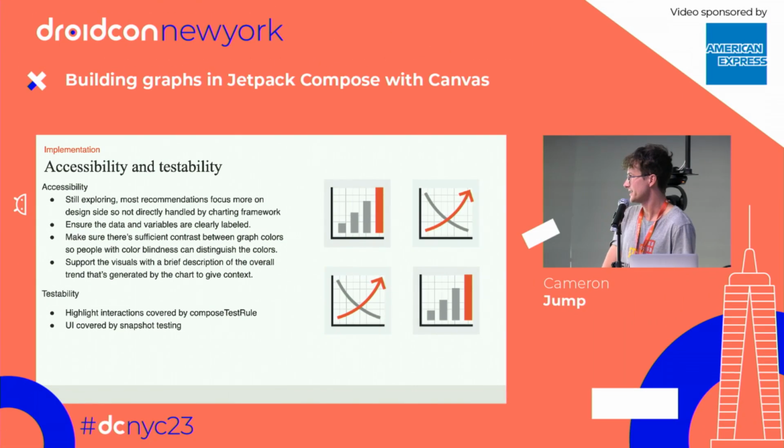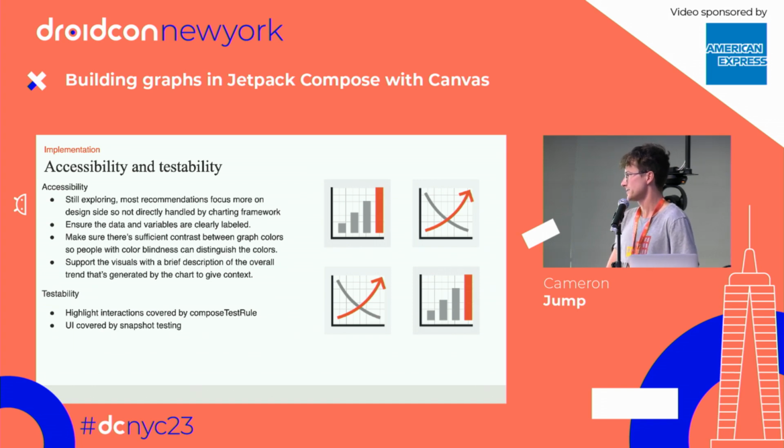Okay, so digging into accessibility and testability for things that I talked about in the design considerations. So accessibility, we're still exploring. A lot of the things I found were more focused on the design side, so not things that I feel should be directly handled by the charting framework. I know that's a bit of a cop-out, but it is true. Accessibility.gov recommends ensuring the data and variables are clearly labeled, which were handled with our labels.